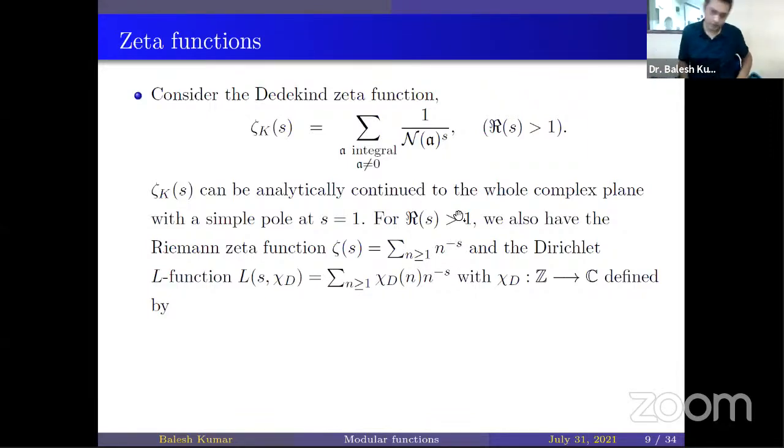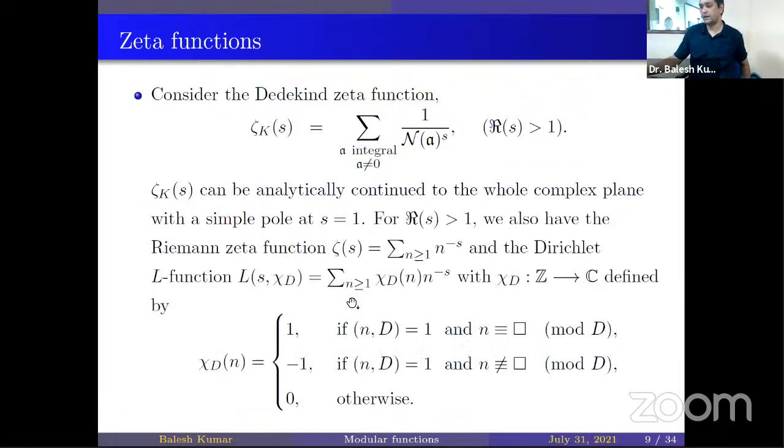One can also define, given a real quadratic field, a Dirichlet L function attached to it, corresponding to the Kronecker symbol or Dirichlet character, which is defined as L(s, chi_d) equals the sum of chi_d(n) n to the power minus s, where n runs from 1 to infinity.